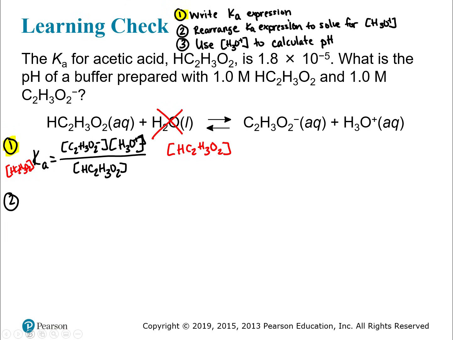And that's going to give me the Ka times the concentration of the acid is equal to the concentration of the products.